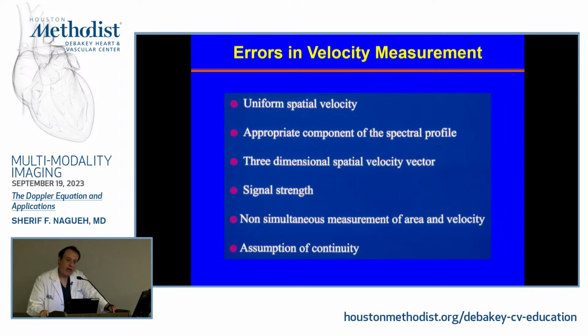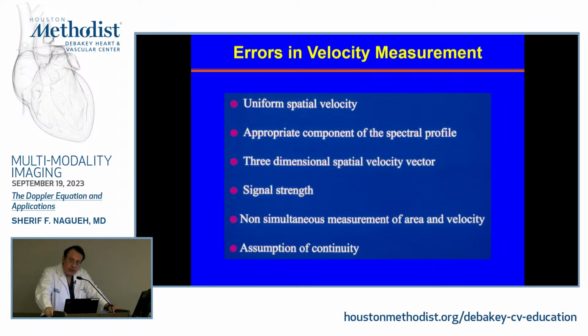When we get the spectral profile by pulse wave Doppler, sometimes we see different peaks, and the question becomes which one of these I choose. If I choose, say, the highest velocity as opposed to the most dense signal, I will end up with different velocity values. It would be best if we can quantify the 3D spatial velocity vector as opposed to 2D.